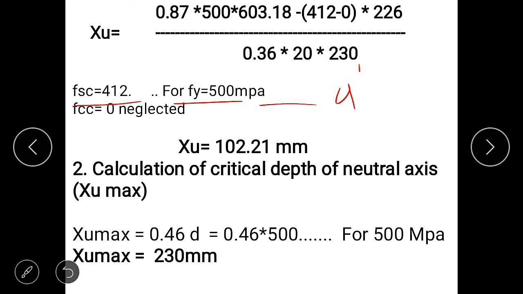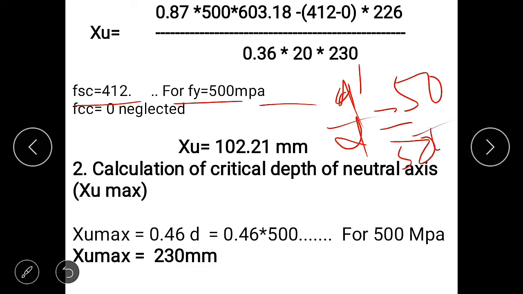Here d dash divided by D. Our d dash is 50 mm cover and D is 500. So this ratio is 0.1. For grade 500 and ratio 0.1, our fsc is 412. Refer to the part 1 table. And fcc is 0, neglected. Why is fcc neglected? Because 0.42 into D is smaller than 0.45 into fy, so we take fcc equal to 0.